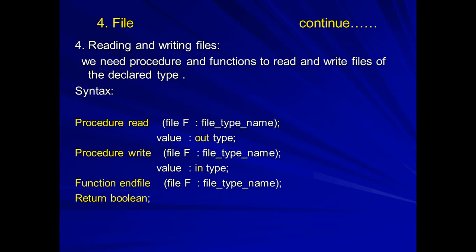Hence the file f of the type file_type_name is in the read mode. procedure write (file f : file_type_name; value : in type). Hence whatever value we have to write is mentioned in the value variable. function endfile (file f : file_type_name) return boolean.